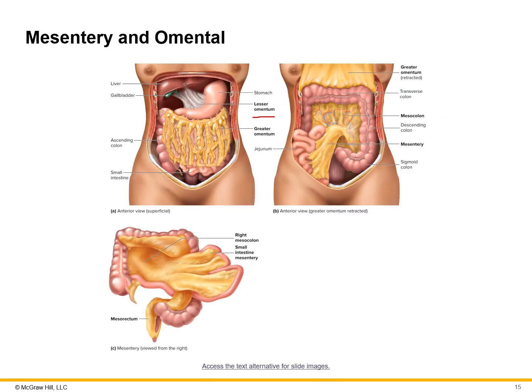So again, our lesser omentum here, the greater omentum, and these are connections again between the stomach. So again, the curvatures here of the stomach to the liver here with the lesser, and then to the small intestines here with the greater omentum.